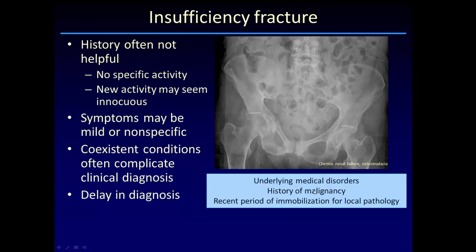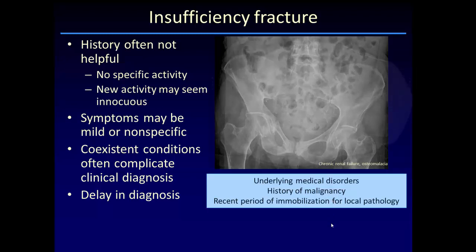Similarly, patients who have a history of malignancy who develop insufficiency injury of their bone for a number of reasons due to poor diet, prior irradiation, etc., we have a tendency to try to ascribe their symptoms to that underlying malignancy.